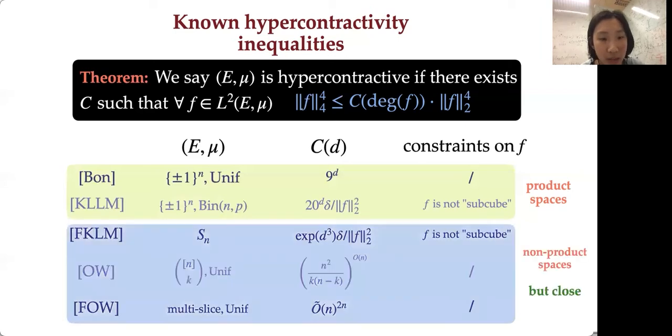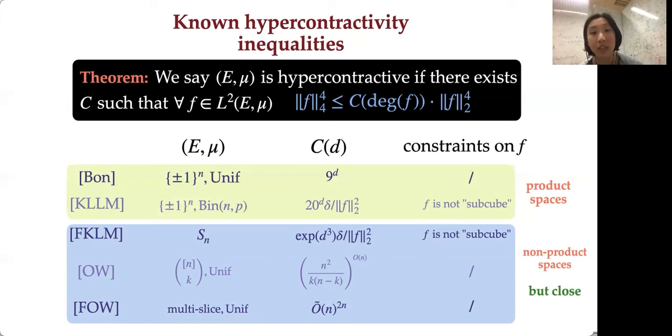Next, we see the next three lines. This result due to Thomas et al. shows hypercontractivity for the symmetric group distribution, O'Donnell-Wimmer show it for the Boolean slice, and Thomas, O'Donnell and Wu show it for the multi-slice. These three distributions are all non-product spaces.